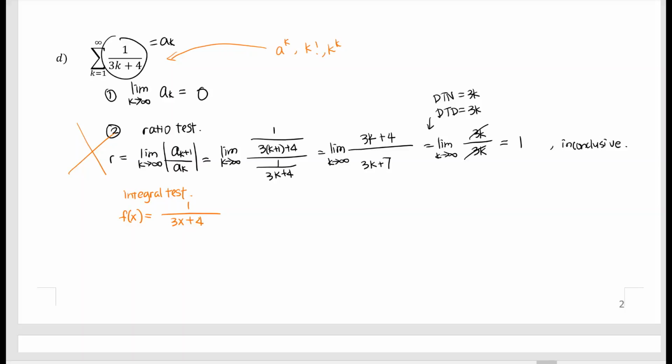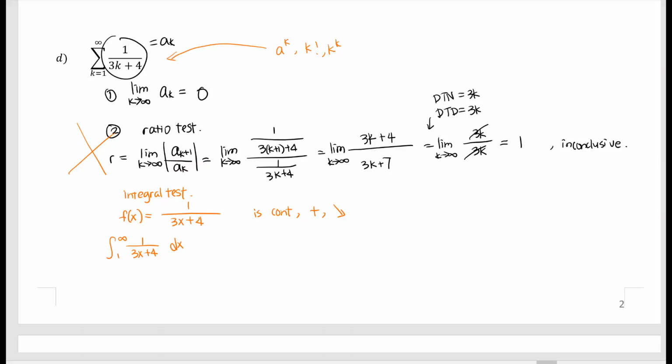And in order to use the integral test, you have to mention the conditions, the hypotheses of the integral test. The 3 hypotheses are continuous, positive, and decreasing. Then we can evaluate the integral from 1 to infinity of 1 over 3x plus 4.